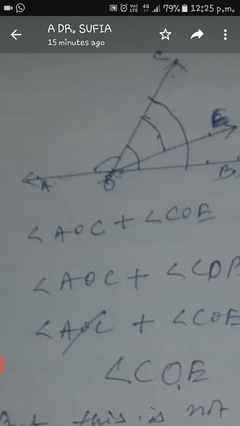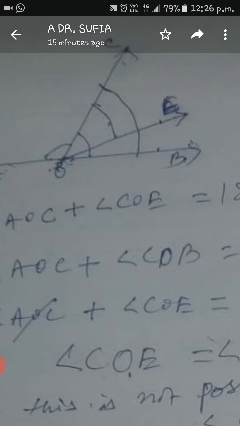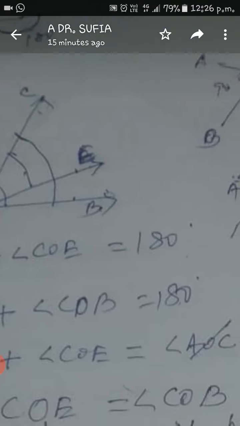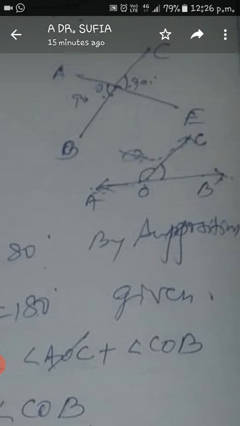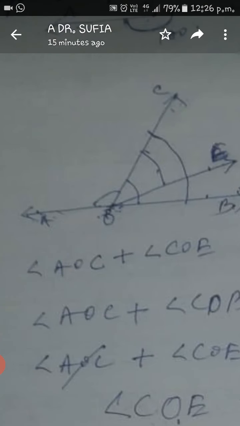Now we have drawn OE opposite to OA. So angle AOC plus angle COE will be equal to 180 degrees by supposition. But what is given?